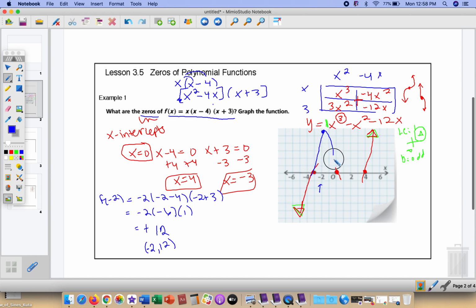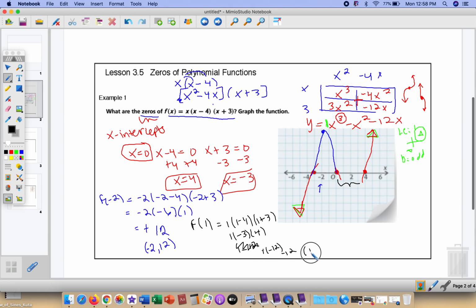Okay, I could do some more points in between. I'm going to plug in 1. So if I plug in 1, I want to see what's going on in between these zeros. I would have 1 times 1 minus 4 times 1 plus 3. So I have 1 times negative 3 times 4. I'd have 1 times negative 12, which would get me negative 12.